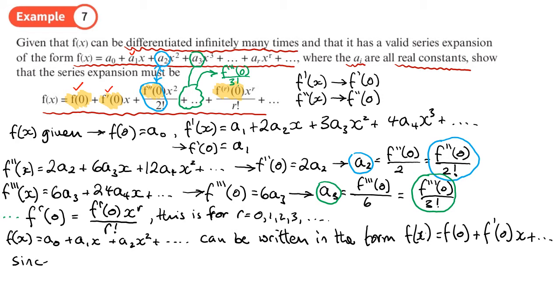Since, what did we say, a0, and we've shown it, a0 we said equals f of 0, yeah, that's here. So a0 equals f of 0. a1, what did a1 equal?